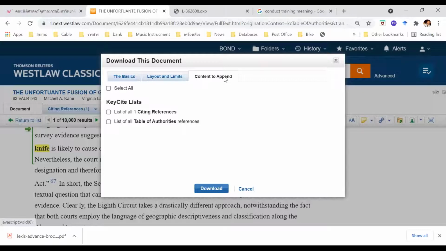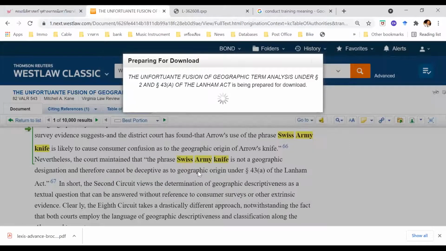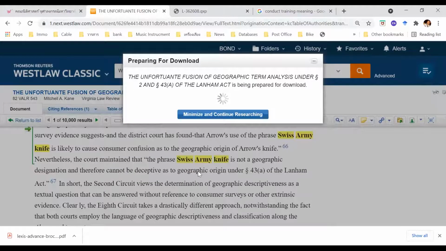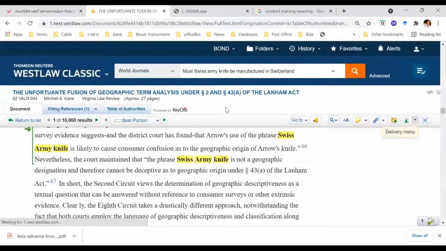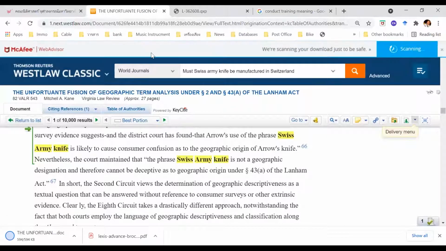So they allow you to get a link, a table of contents, a table of authorities, and then you just click on this and download. Westlaw will take a minute to download. This is what we call saving everything that you want. It's customized for you.